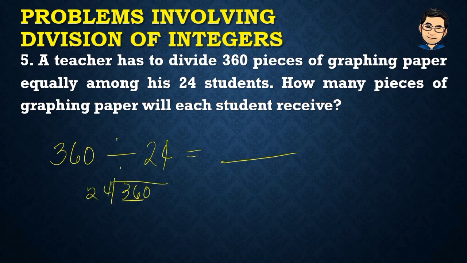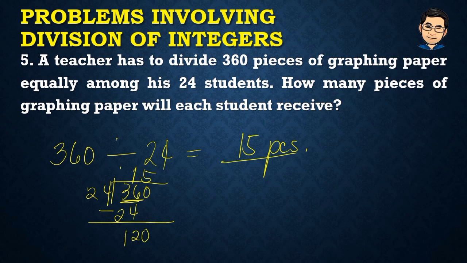So, 36 divided by 24, that is 1. And then times 24, 24. We subtract 6 minus 4, that is 2. 3 minus 2, that is 1. And then we bring down 0. 120 divided by 24, that is 5. So, ibig sabihin, yung 24 students na yon, kada isa sa kanila makakatanggap ng 15 pieces ng wrapping paper.